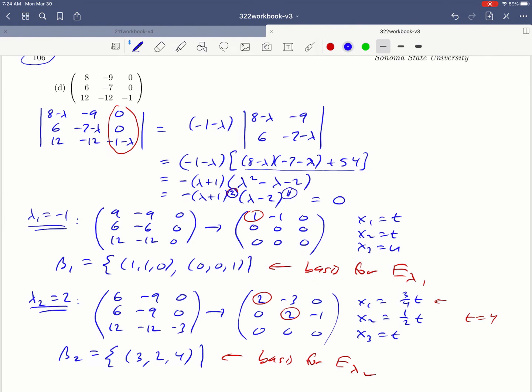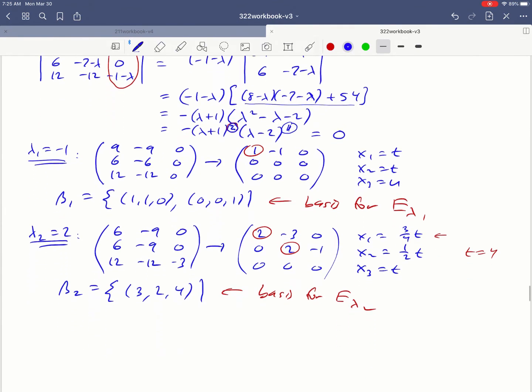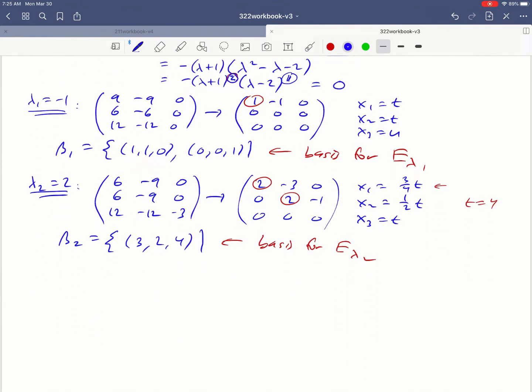Since the number of eigenvectors agreed with the multiplicity in both cases, we know, by I believe it was theorem 5.9, that we do indeed have a diagonalizable linear operator here. So the answer is yes. Actually, it's not a linear operator, it's just a matrix in this case. So the matrix A is diagonalizable.